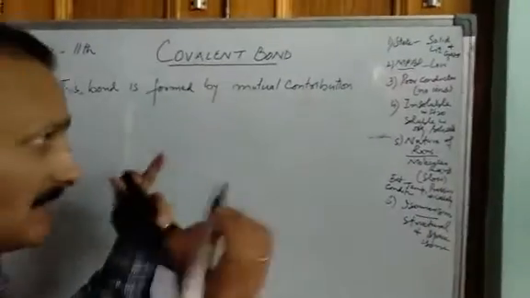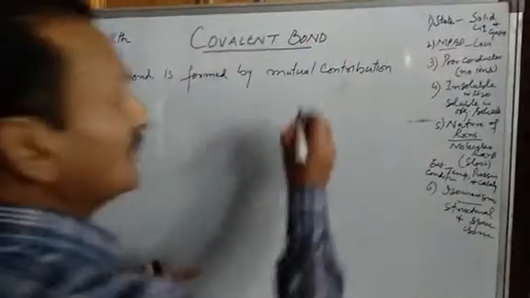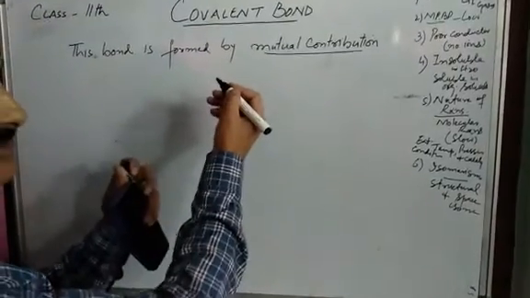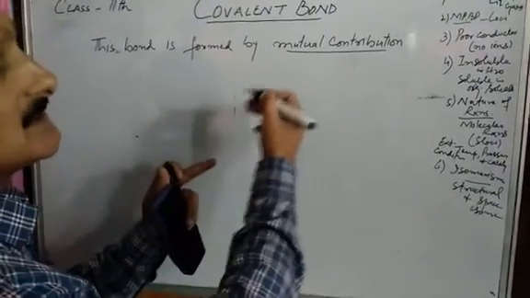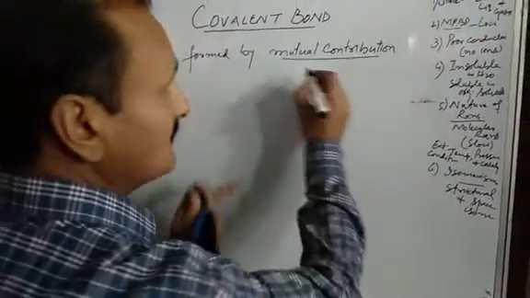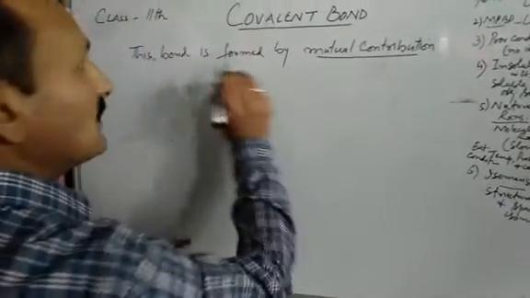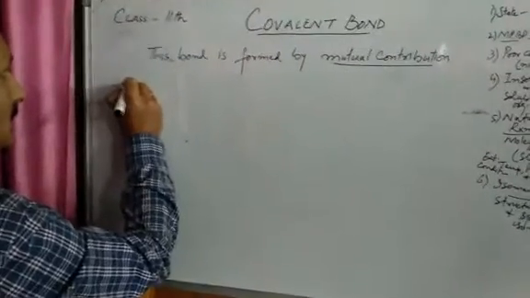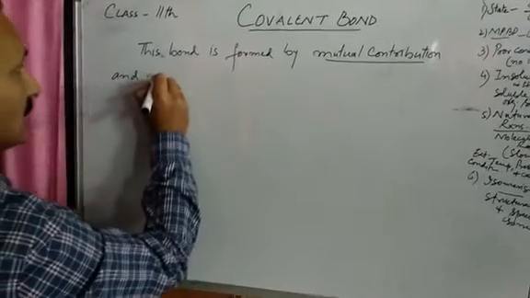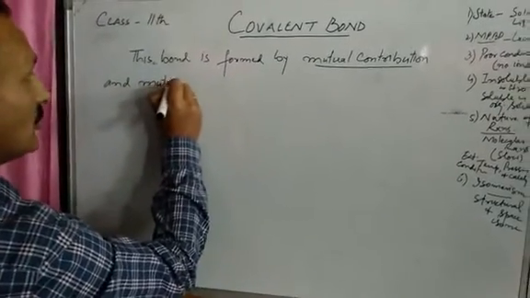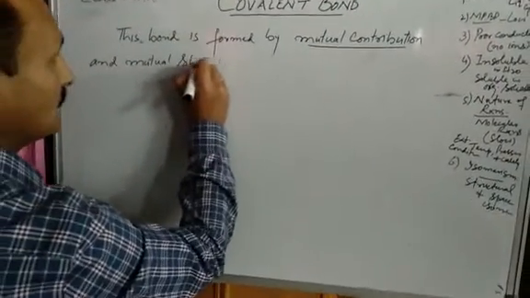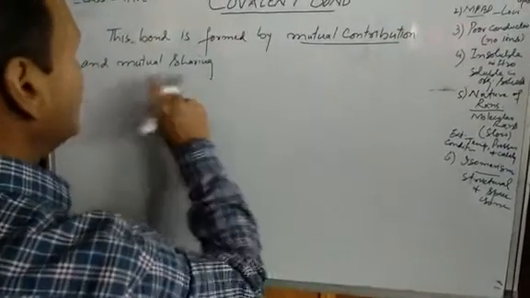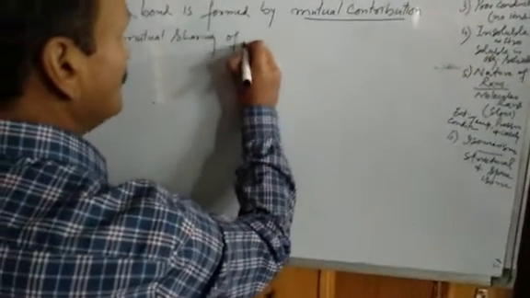The atoms which have to combine through this bond contribute electrons. Some electrons are contributed by one atom and some are contributed by another atom. That is called mutual contribution. This bond is formed by mutual contribution and mutual sharing. First there is contribution followed by mutual sharing. That is, those electrons are shared. Mutual contribution and mutual sharing of electrons.